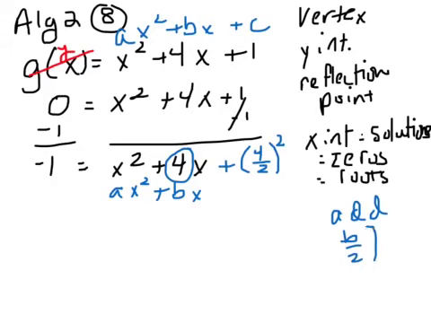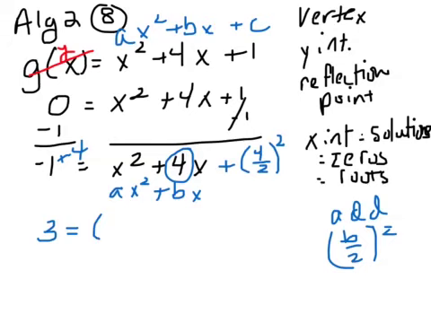We're going to add b over 2 squared to both sides, and that causes us to create a perfect square. The reason I do this is I want to put this in a different form of an equation that's commonly used in your upper level math. If that's 4 divided by 2, that's 2 squared. I need to add 2 squared, which is 4, to both sides. Negative 1 plus 4 is 3.